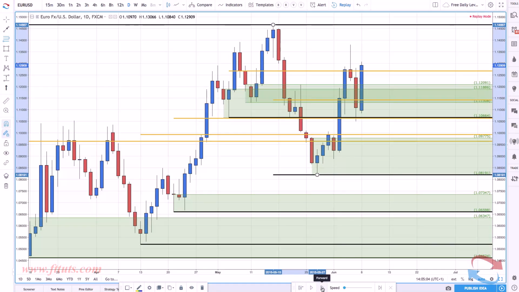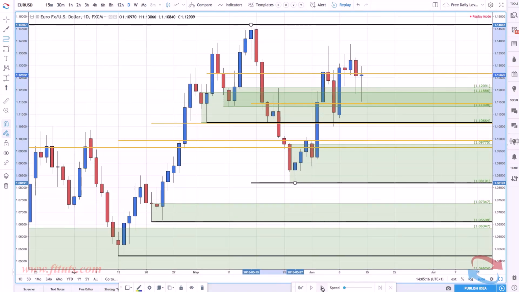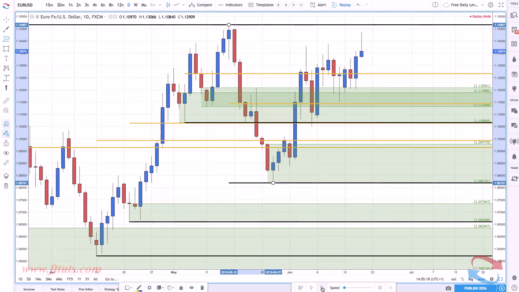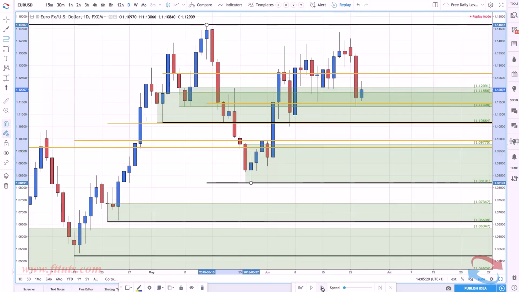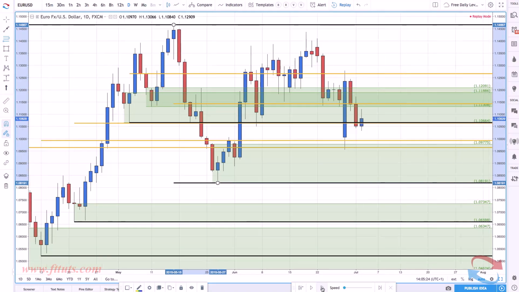Are we at fair value or below fair value, or maybe just above fair value, right? But obviously the higher above fair value we are, the less we really want to look to trade that level. So here we go, above fair value, and prices are really kind of contained within this range here.